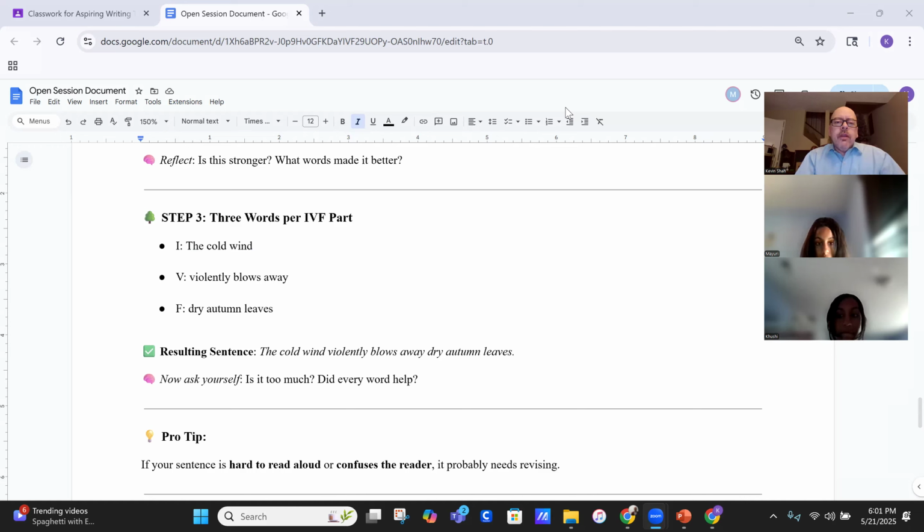The question is, are there any words that are repeated or totally unnecessary? Like, wind is not necessarily always cold, so maybe cold could be removed from the sentence, because individuals already perceive the wind to be cold.